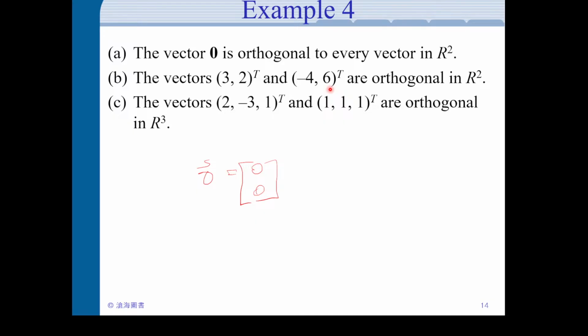The vector 2, minus 3, 1 and the vector 1, 1, 1 are orthogonal to each other. We do the inner product: 2 plus minus 3 plus 1, and it's equal to 0. Any question?